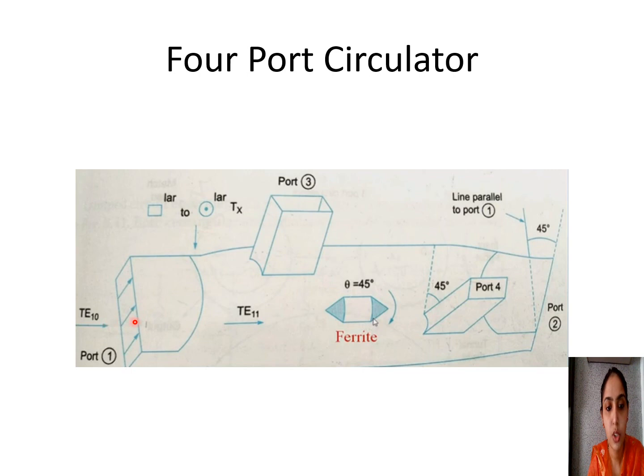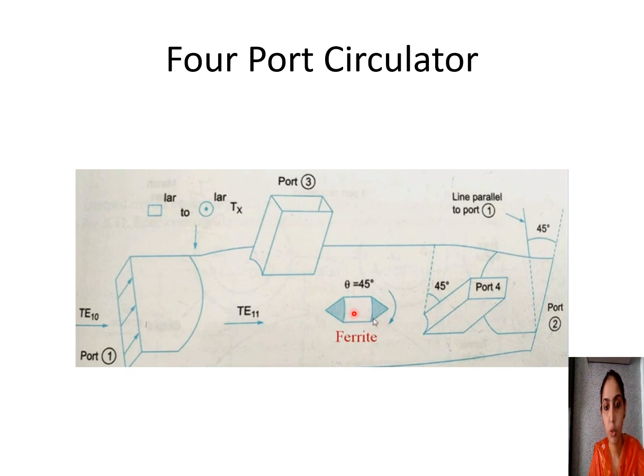The wave emerging from port 1, the input, is not going to be affected by port 3, because the electric field is not significantly cut by port 3. Now when it goes through the ferrite, obviously it undergoes Faraday rotation.